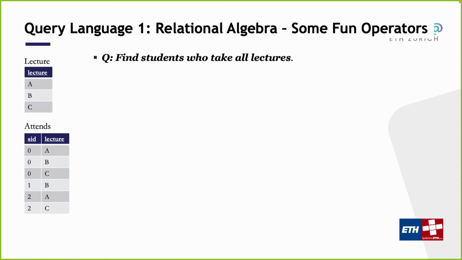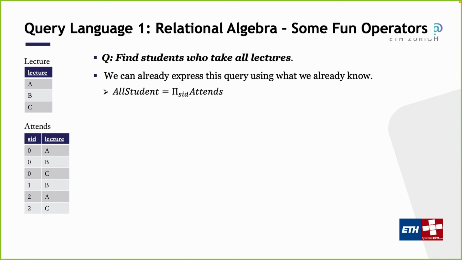Then we can go step by step. One thing we can do is get the collection of all students. So I have a new relation called all students, defined by the following expression: I take the attendance table and do a projection on the student ID attribute, then I get all the students.